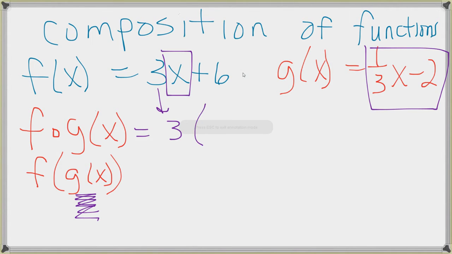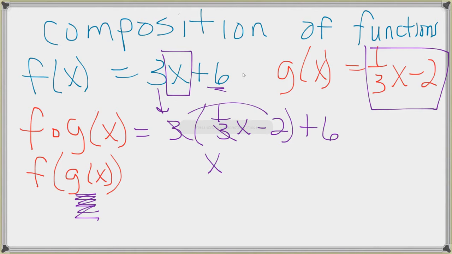So we have 3 times, replace the x with 1/3 x minus 2, and then don't forget the plus 6. Sometimes people forget to bring down the rest of that function.